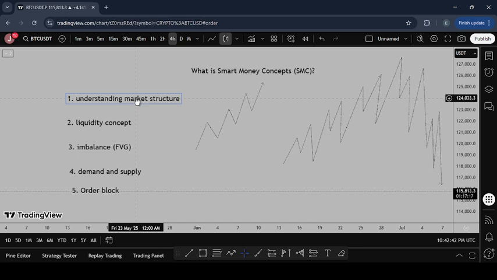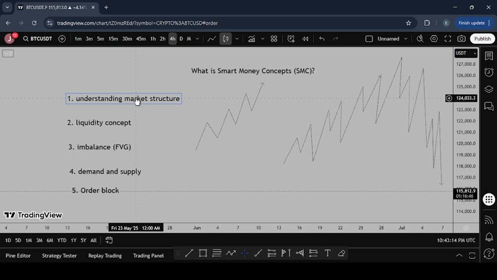The demand and supply zones, of course, are where people are willing to buy and also where people are willing to sell. Order blocks are those areas of demand or areas of supply that you will be marking out as your point of interest, because in SMC, where the market pumps from, where the market makes an impulsive move, that area is also a point of interest.